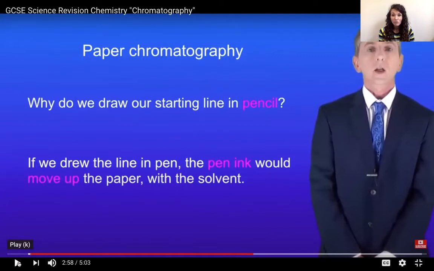So it's really important to draw that line in pencil, because if you drew it in pen, the pen could dissolve into the solvent and move up the paper, and it would completely spoil your results. So that's really, really important to remember, a question that's asked so often: why you draw the line in pencil.